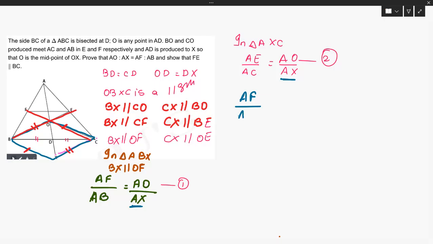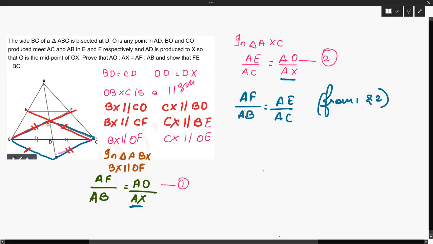So AF upon AB is also equal to AE upon AC from 1 and 2. So E and F are points on AC and AB such that they divide AB and AC in the same ratio. They are equal. We are talking about that big triangle ABC now.